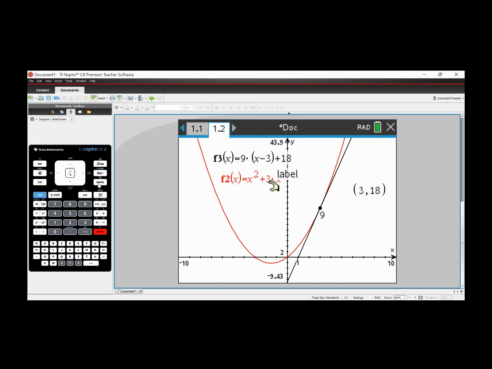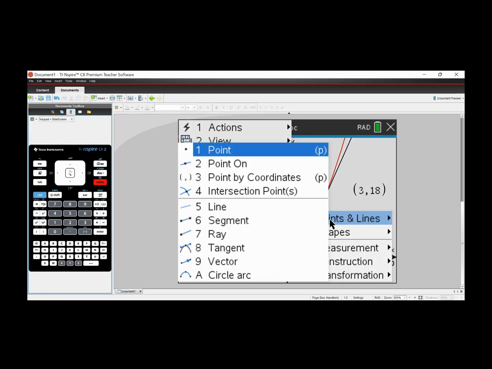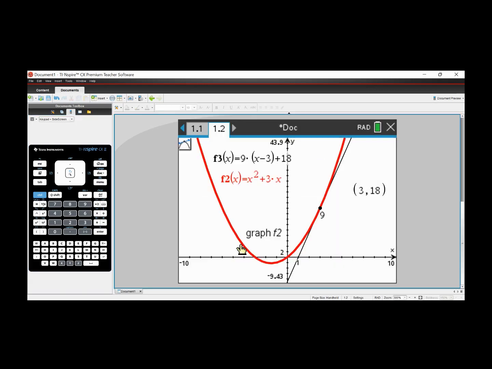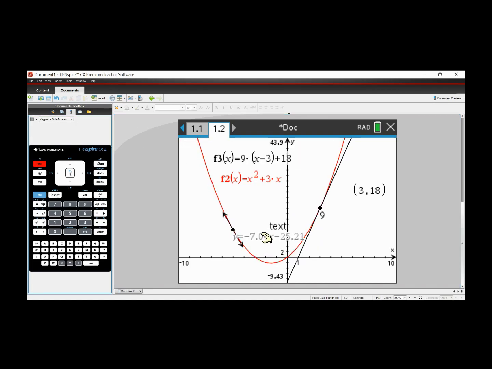We can also check, we go to menu, geometry, points and lines, and look, here's a tangent line. So we click tangent, and I'm going to click on the parabola. All right, and notice I can't quite tell where I am, so I'm just going to click over here so I know where it is. I'm going to hit escape so I'm not still clicking tangent lines.